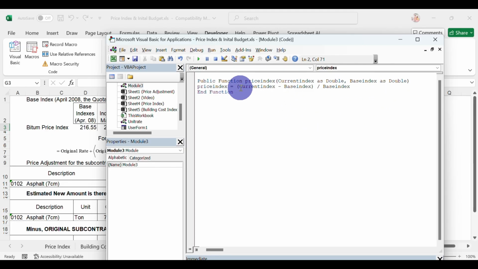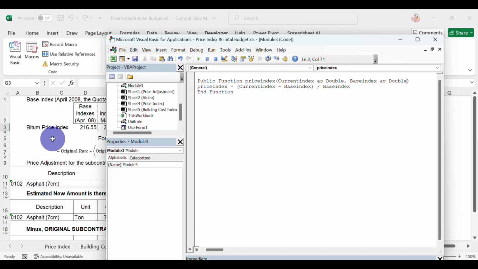Remember, if we put the capital letter here in this argument, we have to put capital as well. So we already created the new function for price index.